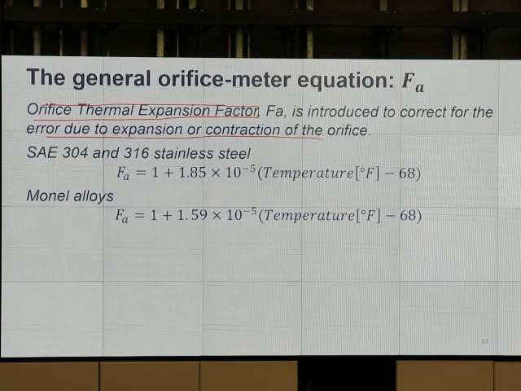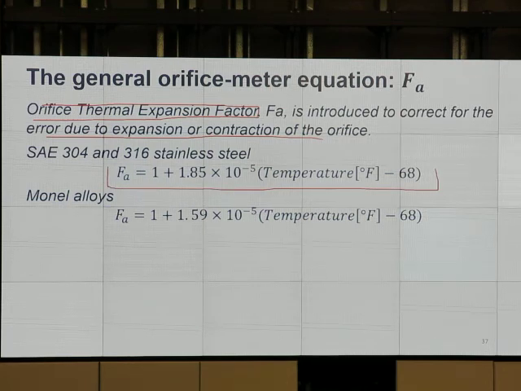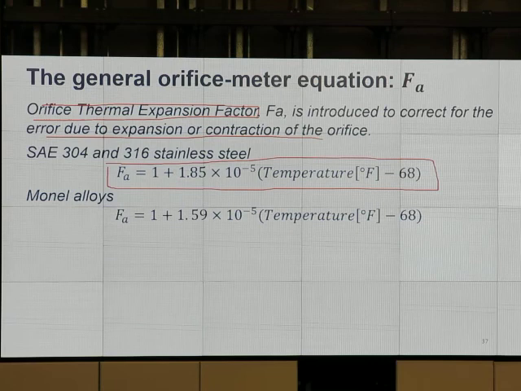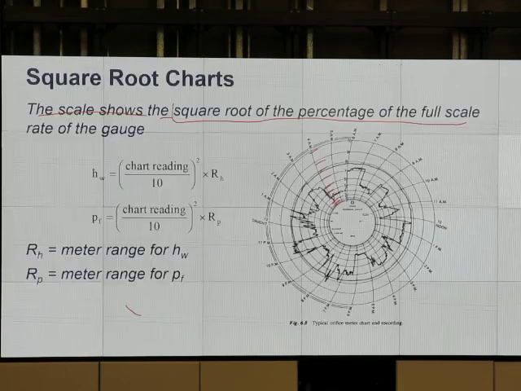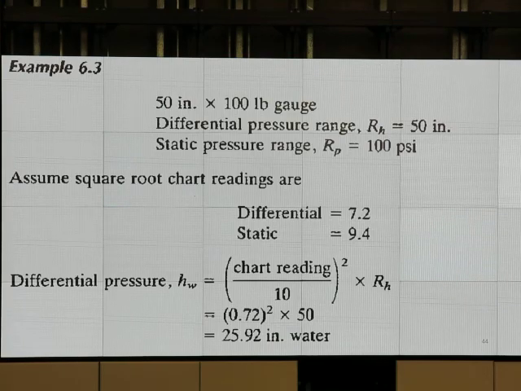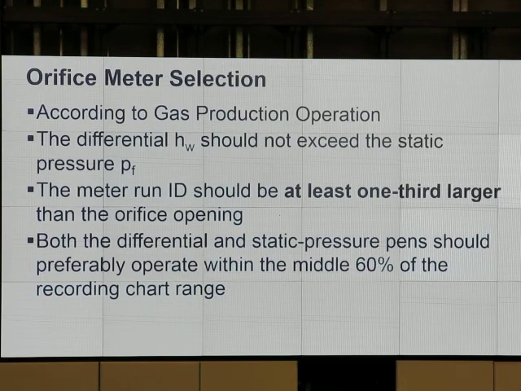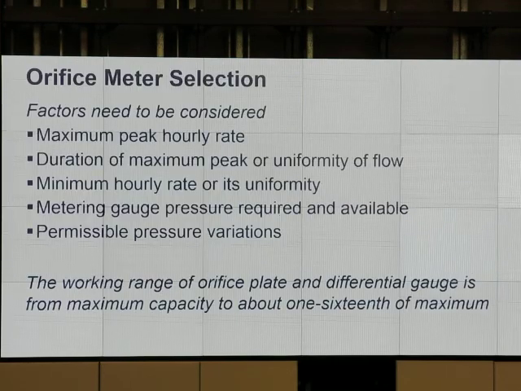A little expansion has some effect, and they account for it using this equation. Depending on whether it is stainless steel, use this equation; if it's Monel alloy, use another equation. It's a lot, and there will be some calculation examples; you will read them and do the homework.